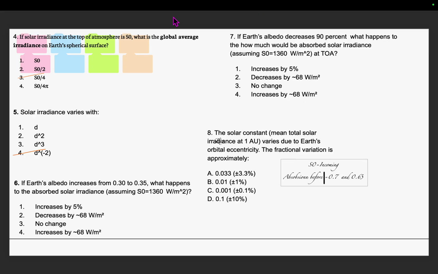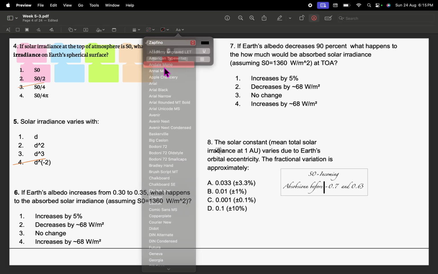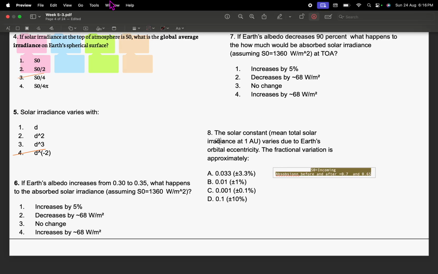Absorption before and after is about 0.7 and 0.65.